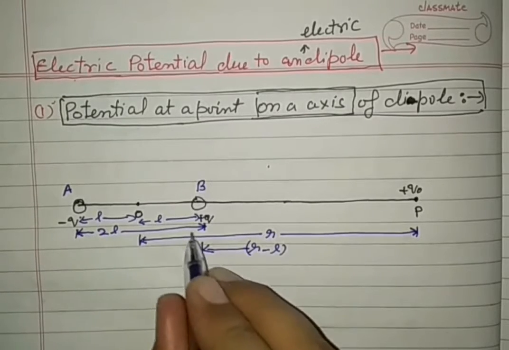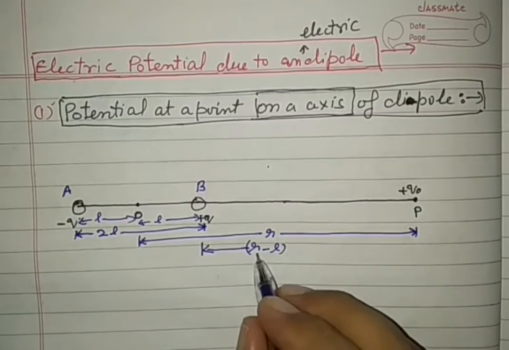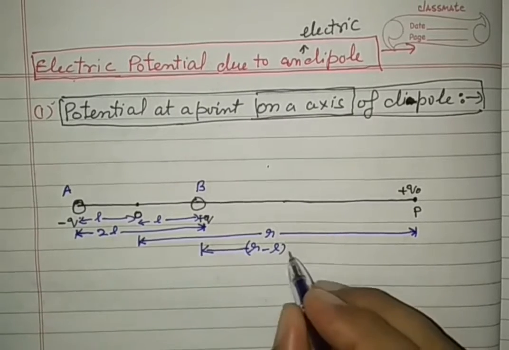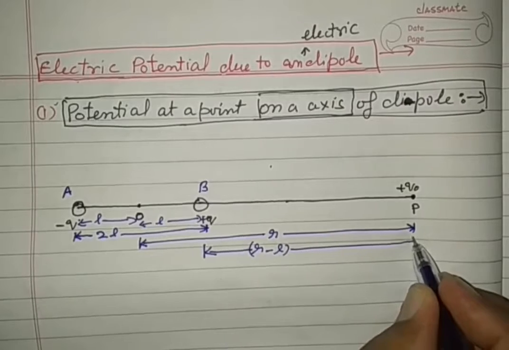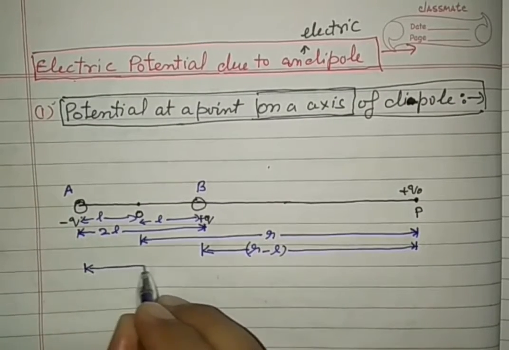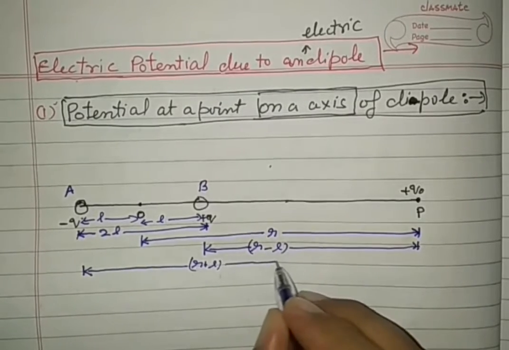This is total R, and it is L. So R minus L. And from A to the test charge it is R plus L.